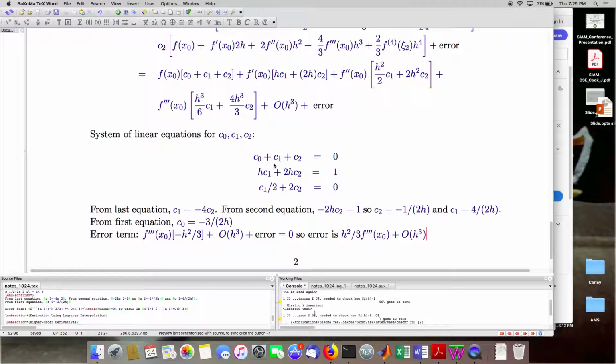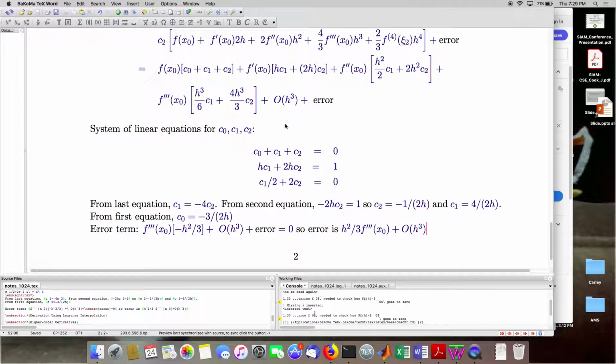If it's 4 points, it's order h cubed. So however many points you use, the power of h, most times, not always, will be 1 less. What can happen is you might be able to get away with using fewer points if you have some nice symmetry. That leads to a higher order of accuracy than expected.